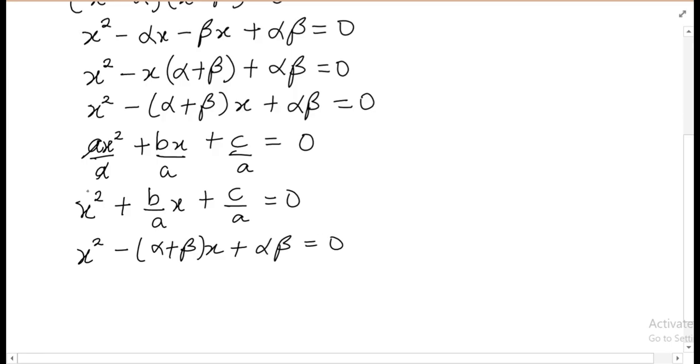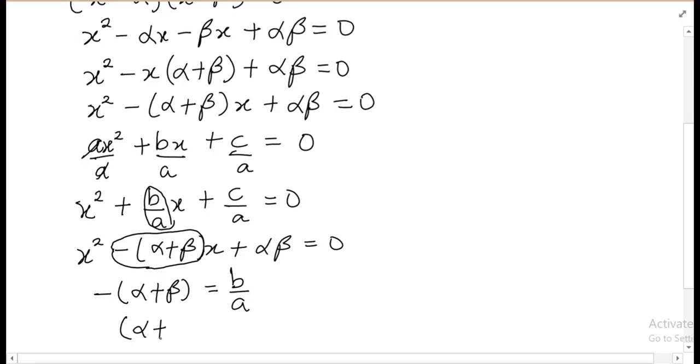Comparing the coefficients of x, we have minus (alpha plus beta) equal to b over a. So alpha plus beta will be equal to minus b over a.